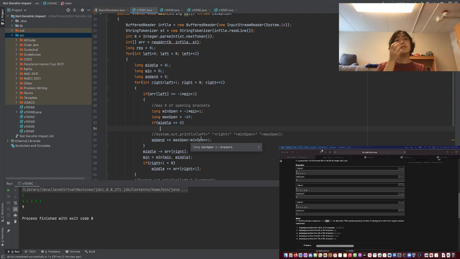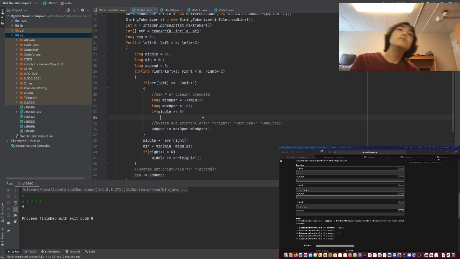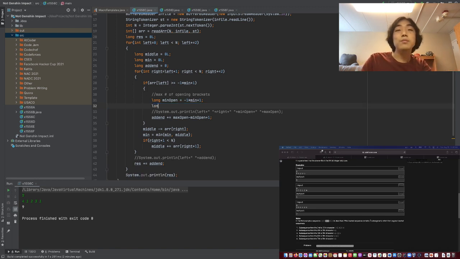So the maximum number we can have is basically for a value in here. If we have this many open, then it depends on how many are in here. I'm just going to binary search for long max open.